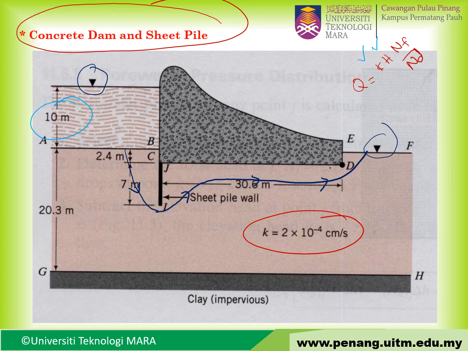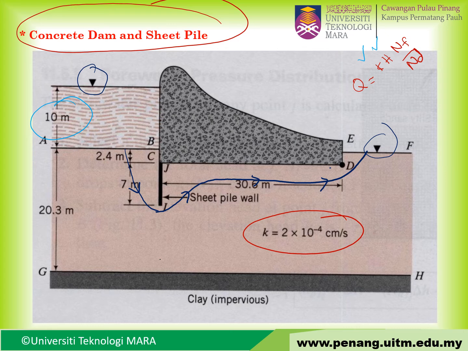So you have to continue to draw, and then next you have to draw the other flow lines. You have to make sure that the flow lines are parallel to one another. They do not cross one another.